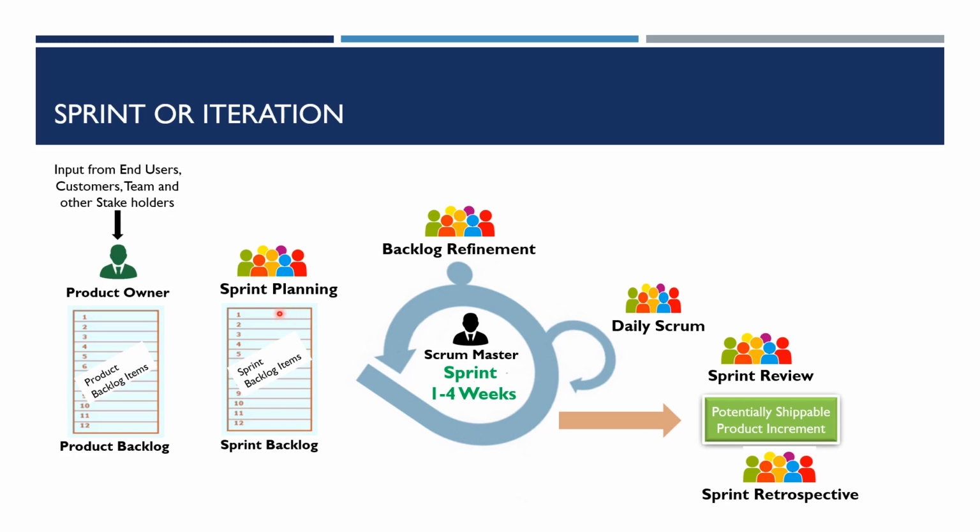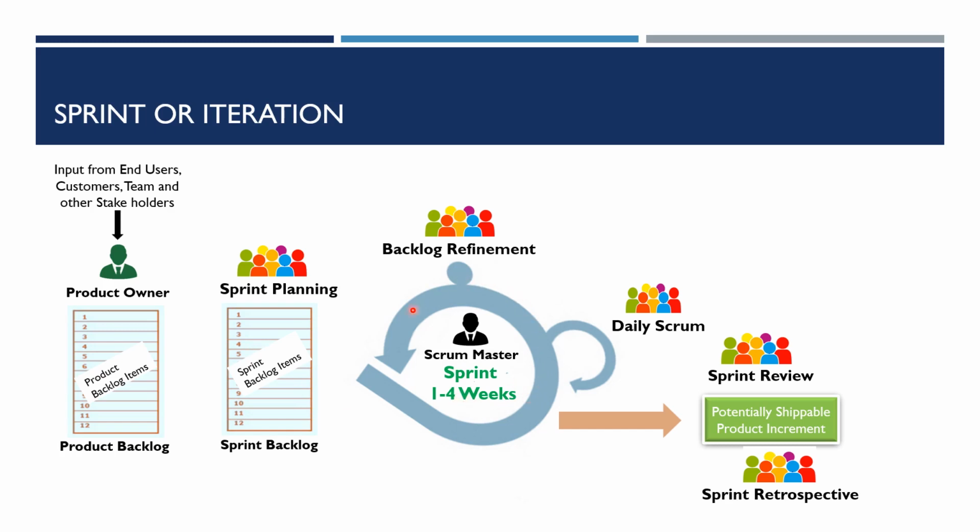Otherwise, put an estimate and make the story or the requirement part of the sprint. They keep doing this until they have exhausted the capacity of the team. So this becomes the sprint backlog. This scope is fixed for the duration of the sprint.